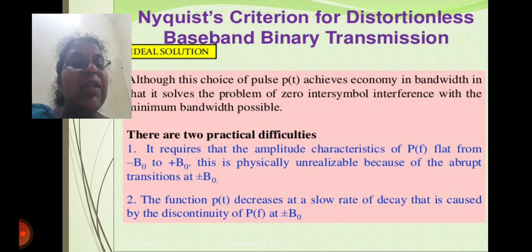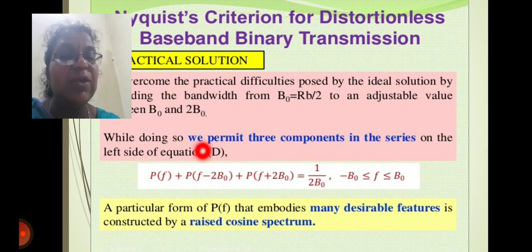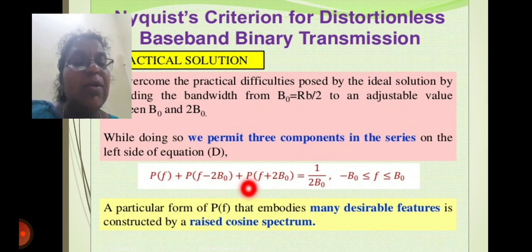These two practical difficulties are solved by using a raised cosine spectrum, where P(f) is defined with two more values on the left side of the equation. That is, P(f) plus P(f minus 2B0) plus P(f plus 2B0) is equal to 1 by 2B0 from minus B0 to B0.